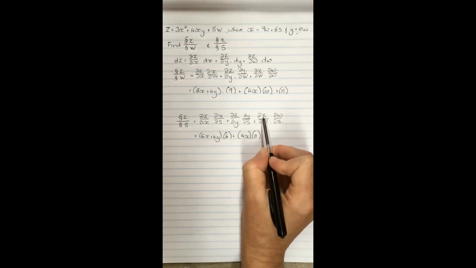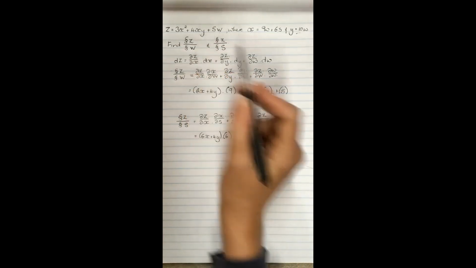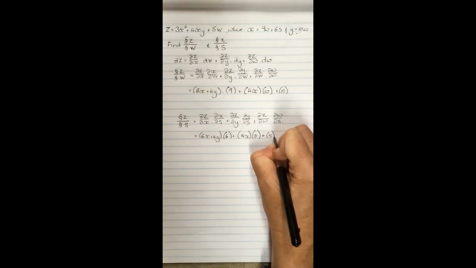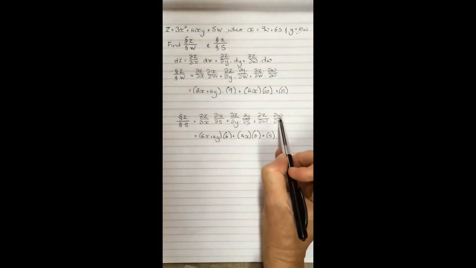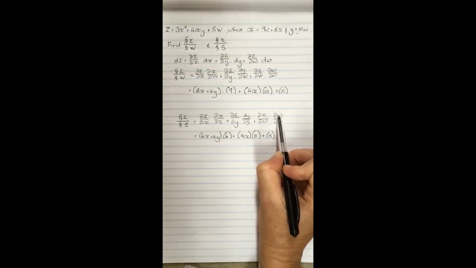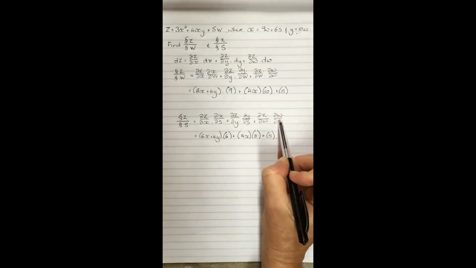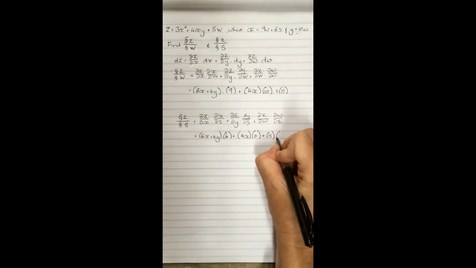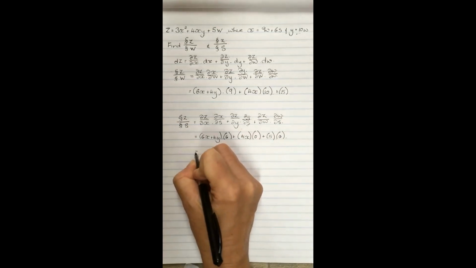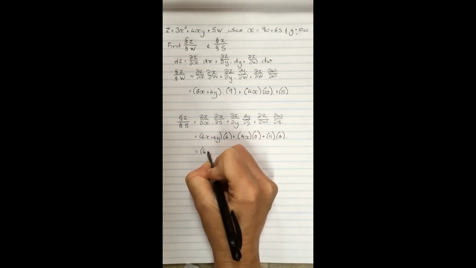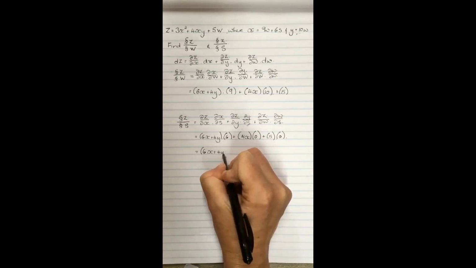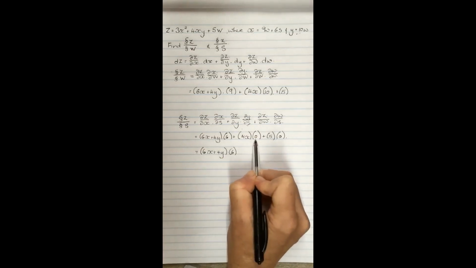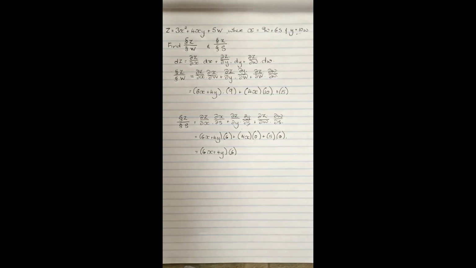Partially differentiating the z function with respect to w, we'd end up with 5, and then partially differentiating w with respect to s, we can clearly see that there's no relationship between these two here, so this would also be 0, and our final answer would be as follows, because this term and this term would both equal 0.